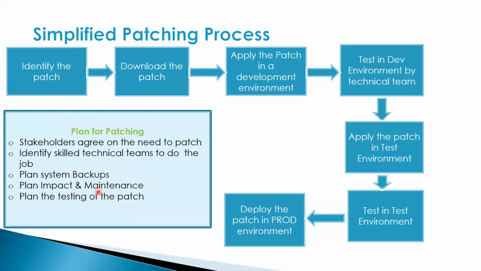Mostly the system will be taken down during the patch. So how long will it be down? How long will people lose that environment? You have to plan ahead on the impact that the patching will create.